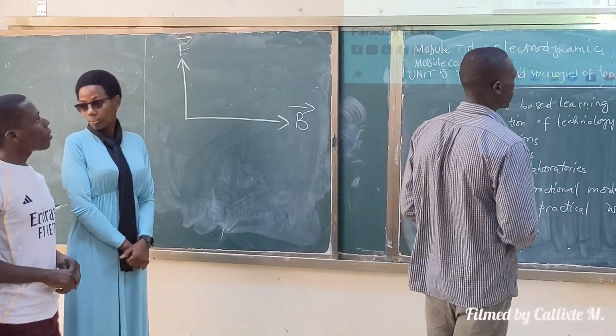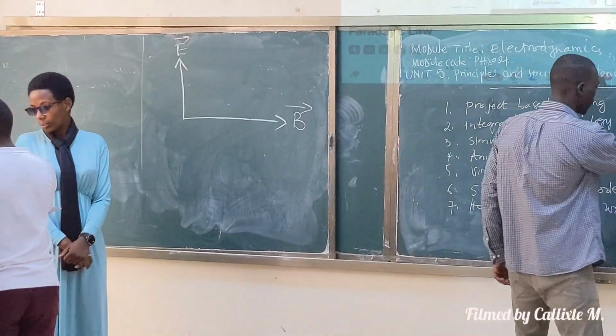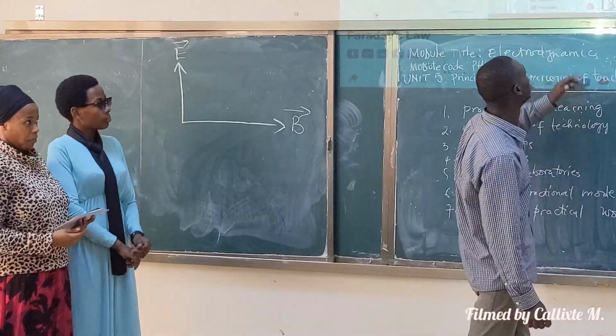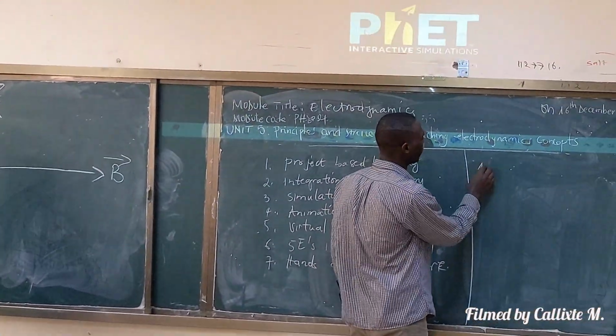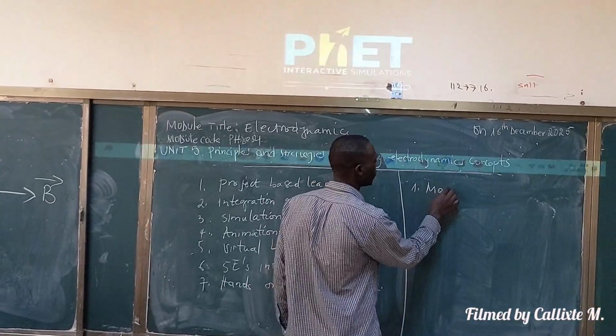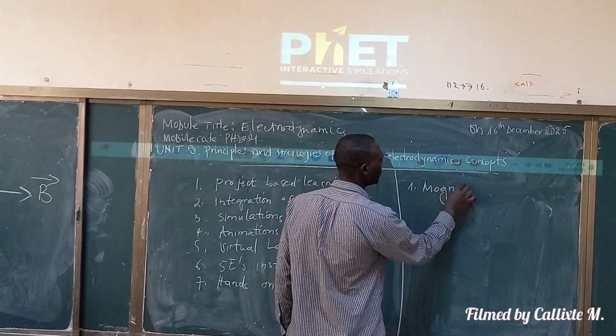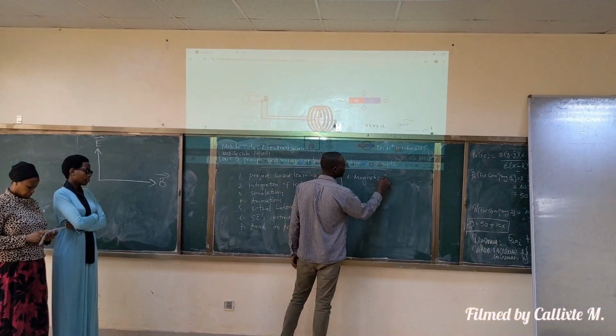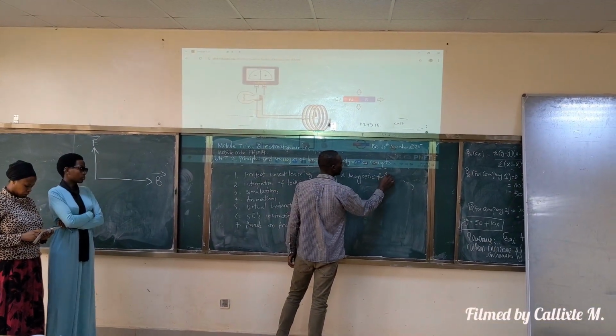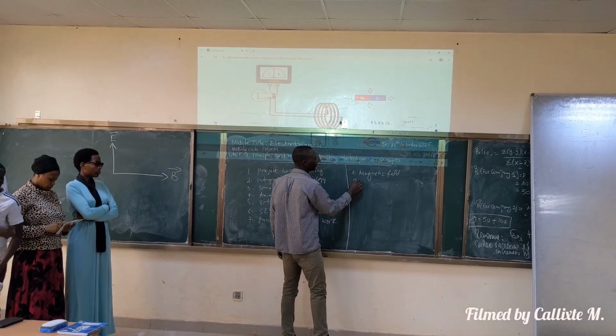From here, we have different parameters. It is based on Faraday's law. In Faraday's law, we have one magnetic field, which is created by a magnet. Second, we have a coil.